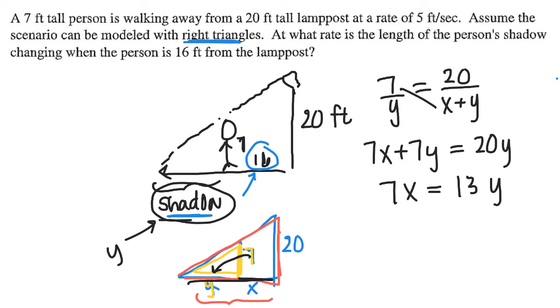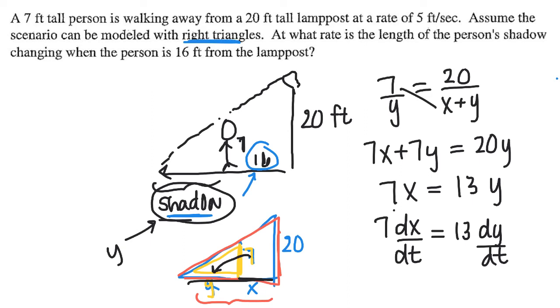Now I've got something with x's and y's, and I really need to go ahead and find a derivative now. So the derivative of 7x with respect to time, that's just the coefficient, so it's going to be 7 dx over dt equals 13 dy over dt. Now we've got some rates of change going on here.